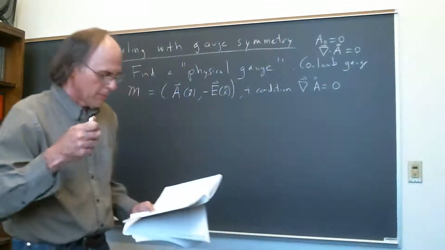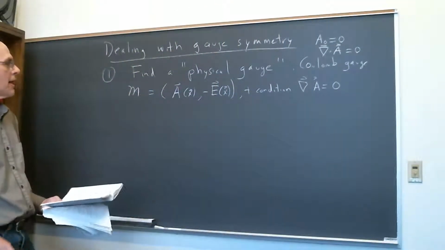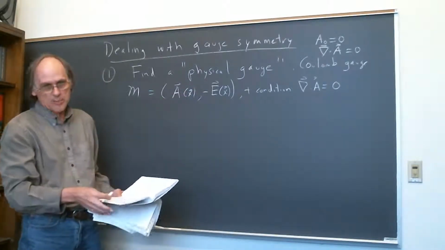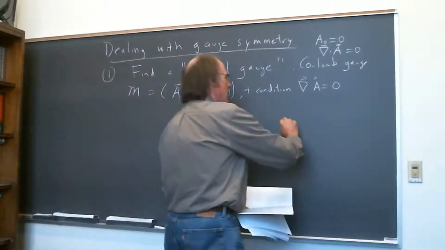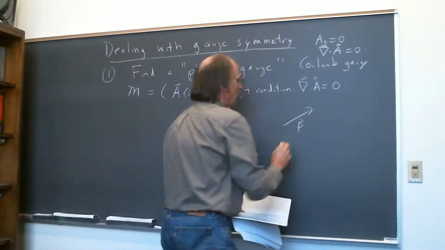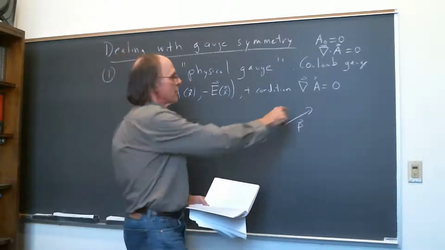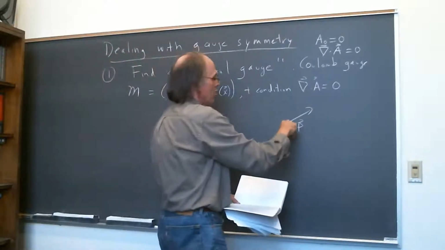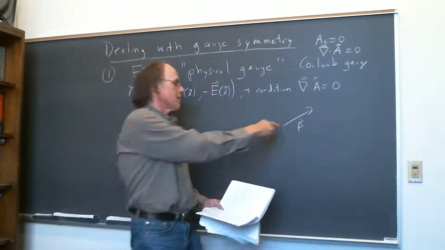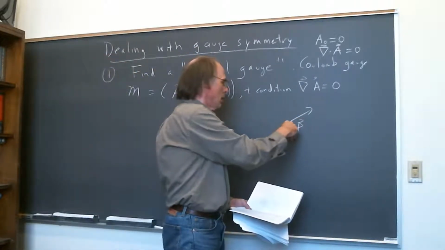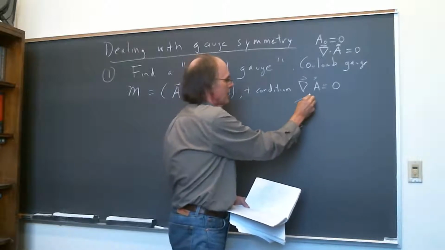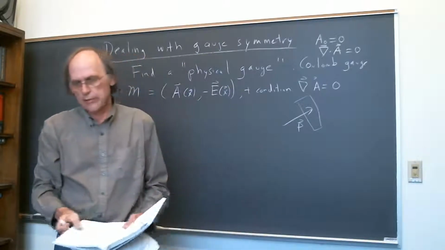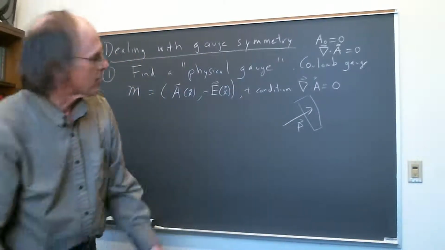Let me not go through what I did last time, but basically it's easiest to see what happens in momentum space. In momentum space, you have a momentum vector, and the Fourier transform of this has to be so-called transverse. It has to be orthogonal to the momentum, so it has to live in the orthogonal two-dimensional space.